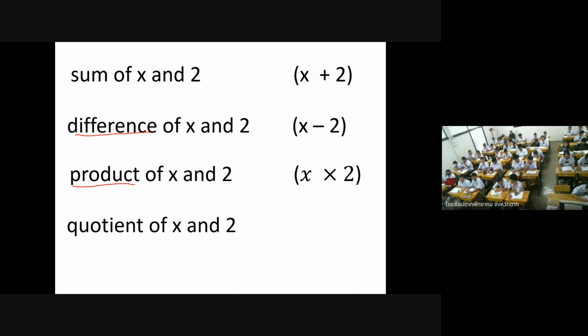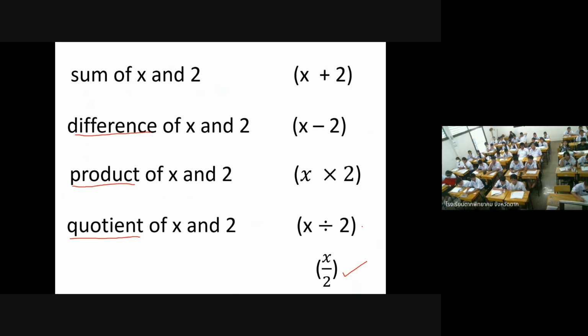Next, quotient. Quotient means division, so X divided by 2, X over 2, as a fraction. But everyone, we're dealing with linear equations, so we're going to use the fraction form. Though the division symbol is correct, we're not going to use it.